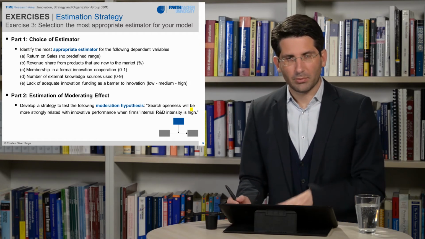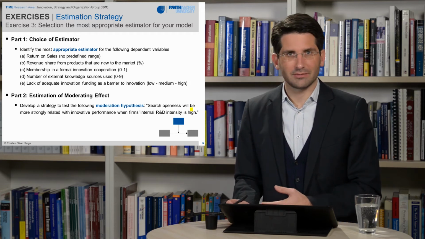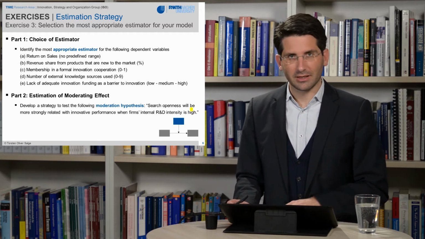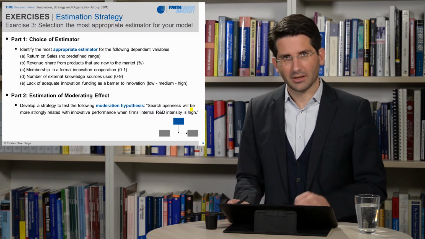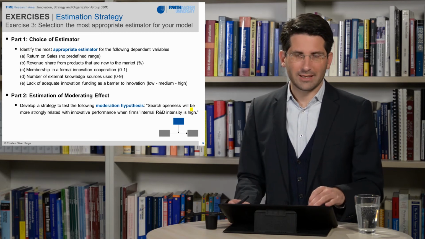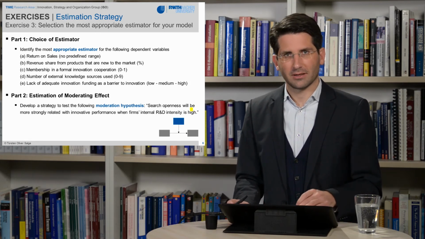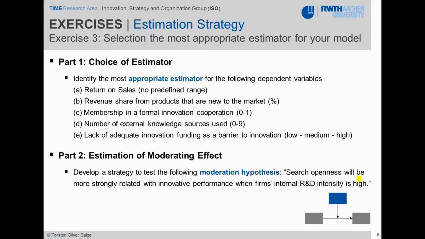So let's first of all look at different types of dependent variables, and I invite you now at home in preparation for our kickoff session to review your textbooks of statistics and your lecture notes to find out what type of estimator would be most appropriate to estimate variance in these possible dependent variables. We've got a set of dependent variables listed here, and they've got different distributional properties.